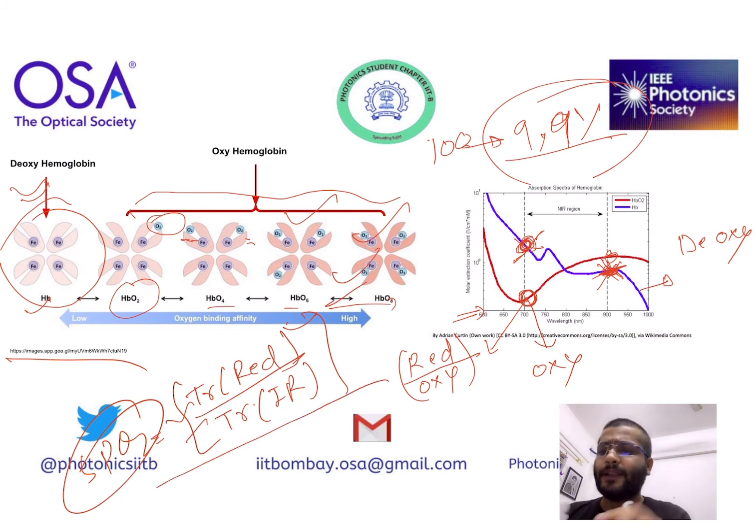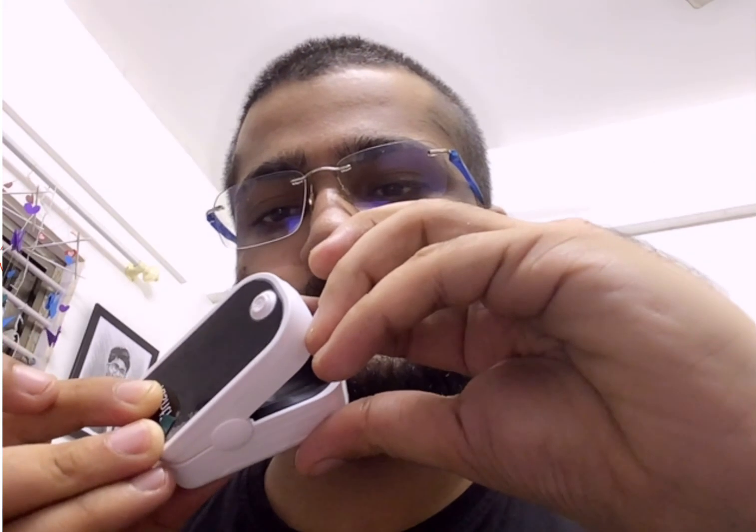So now next I can explain how this oximeter looks inside and works. Okay, so this is a simple oximeter. I can remove the pads of this. If I remove the pads, then we can see very carefully all the components of this.